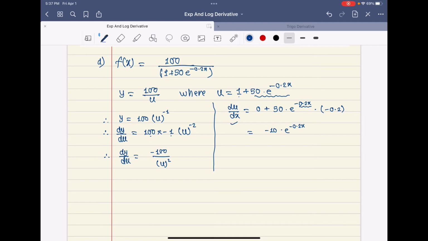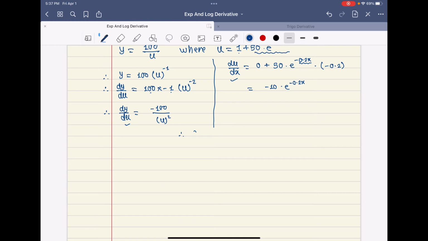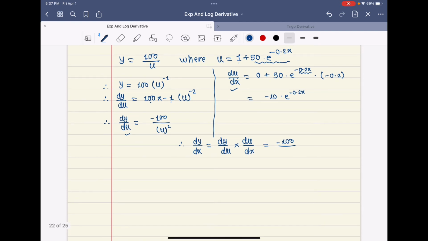Now we already got du by dx, we have dy by du. So we will find the final expression: dy by dx is equal to dy by du times du by dx. dy by du is negative 100 over u squared. I am resubstituting the u value, which is 1 plus 50 times e raised to minus 0.2x, bracket squared, times negative 10 times e raised to minus 0.2x.